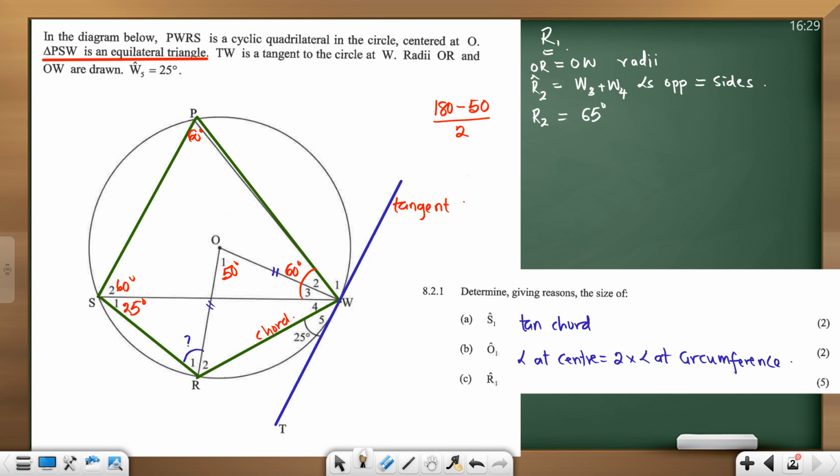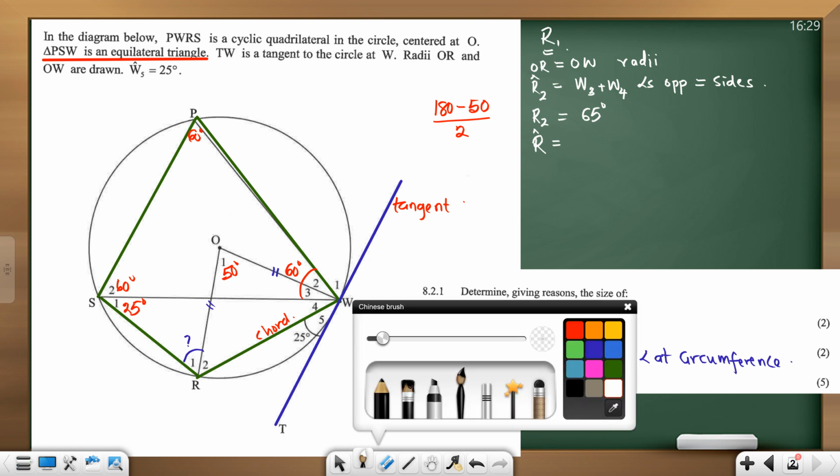And then I would look at angle P and angle R as a whole. Okay, so angle R as a whole would be equal to what? Basically, we are looking for R1, so we're going to split it into R1 plus R2.